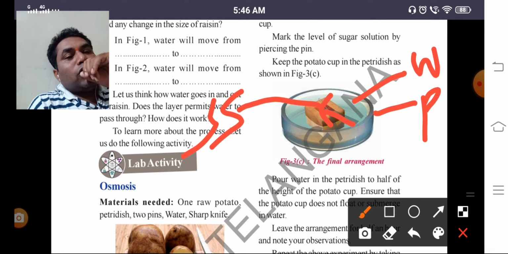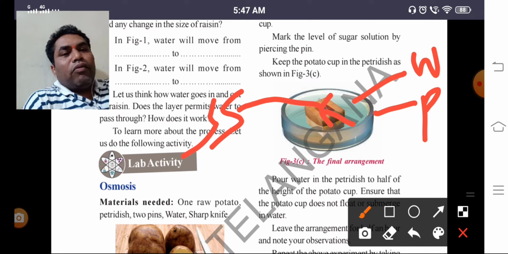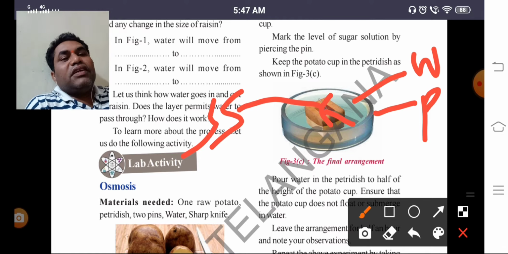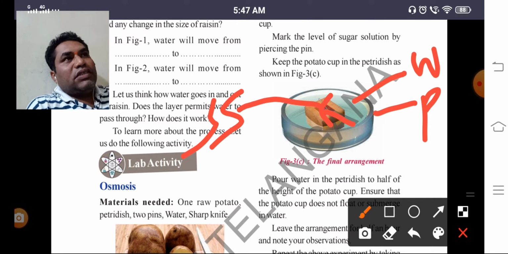So in the potato, what happened? The level of sugar solution increases. Why? Because water moves from the petri dish into the potato, so the level of sugar solution in the potato increases, which means water is moving from the petri dish into the sugar solution present in the potato. In the petri dish, the water has less concentration; in the potato, the sugar solution has more concentration.